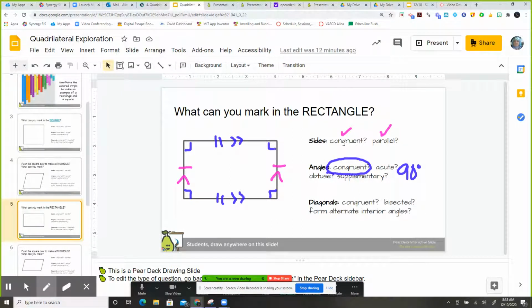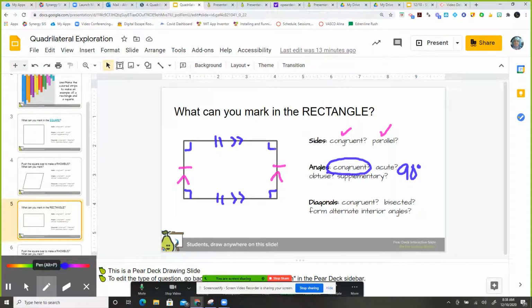And my legs were too long, so I had to combine my diagonals. So it kind of looks weird. They don't want to hold. They're not exactly the right length. But the diagonals have to be congruent. All right, so hopefully yours work out better.